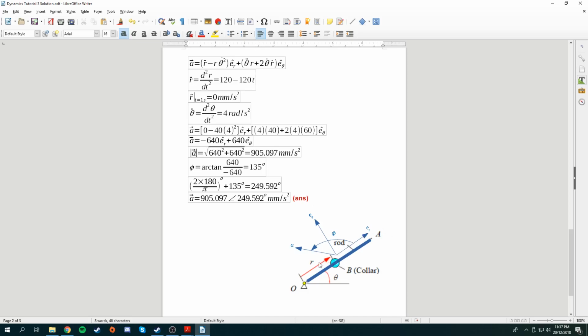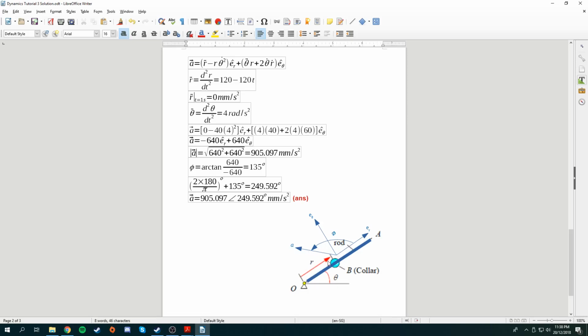When I go to negative er, it's around here. So it should end up somewhere in this part of the graph. And then e theta is positive, so it's over here. Hence I can expect that the vector is within this quadrant. Once I expect this to be in this quadrant, then I'll do the arc tangent. So when I find arc tangent, it'll give me negative 45 degrees, but that is trying to tell me that it's over here.